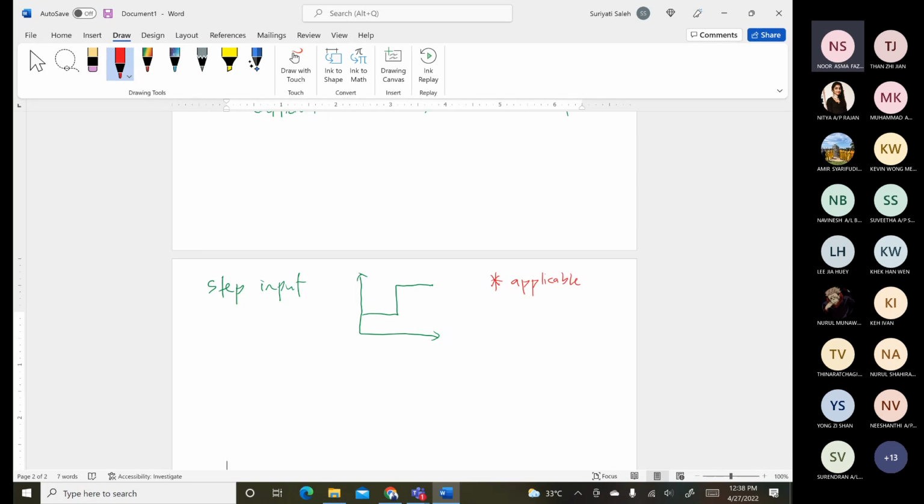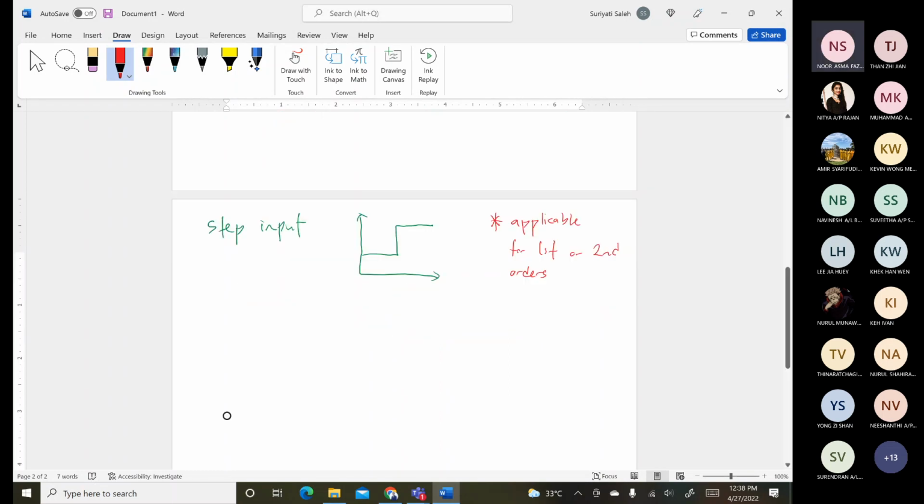So this is generally acceptable in the chemical engineering area. Do we have another input? Of course, we have it, but in this case, we are just focusing on the step input.